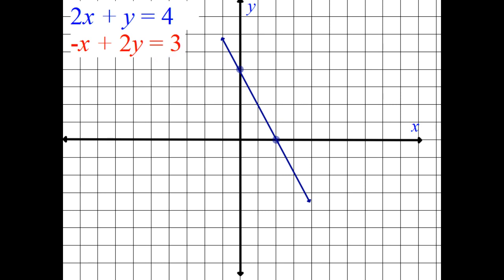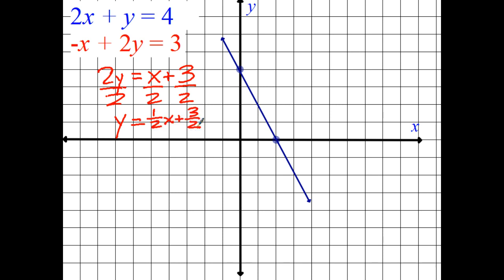So let's solve it. 2y is equal to, moving this to the other side, x plus 3. We'll divide everything by 2, and I'm going to get y is equal to 1/2 x plus 3 halves.